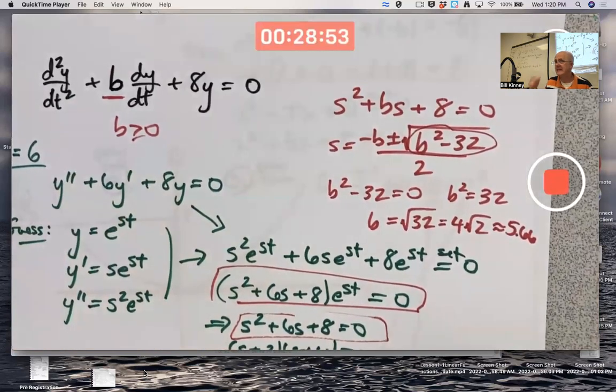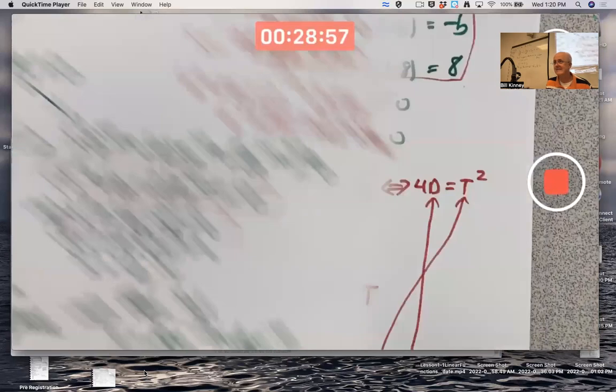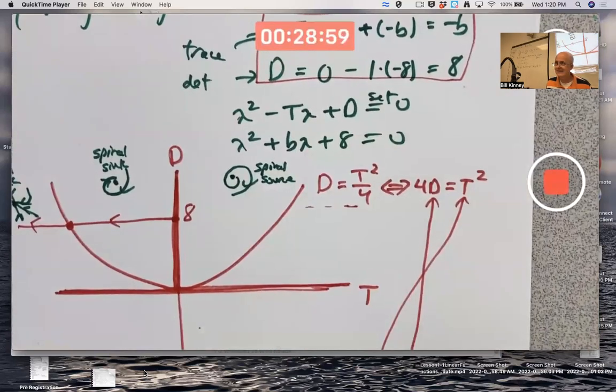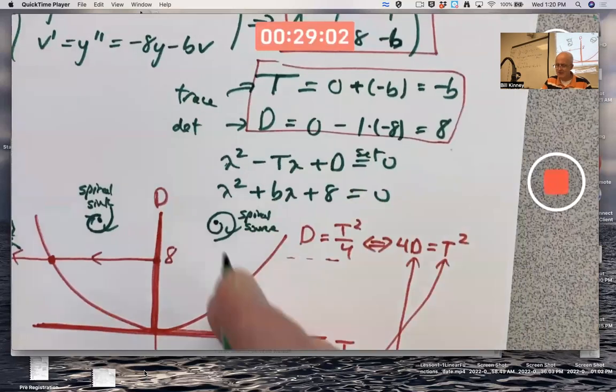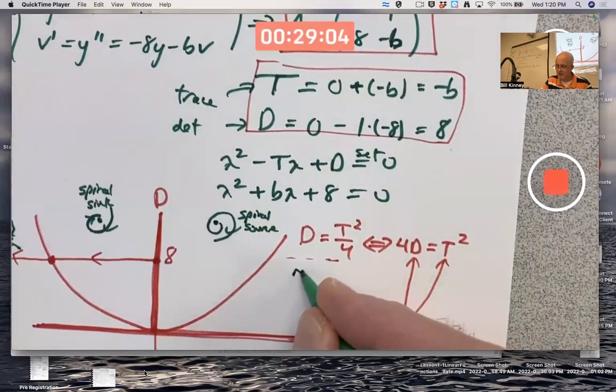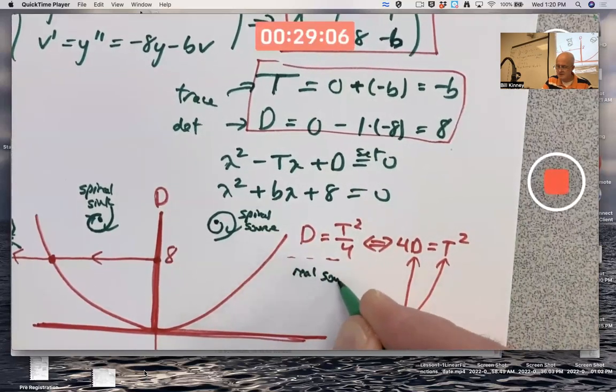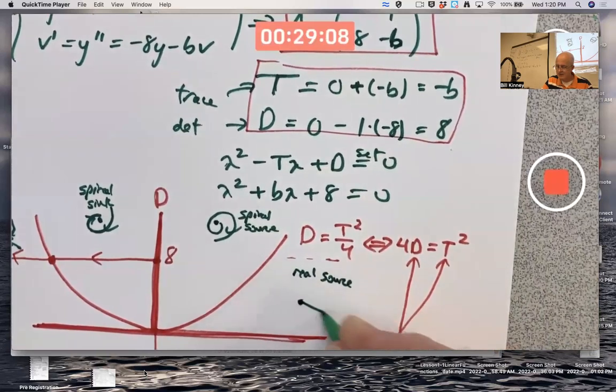I don't know, just guessing. Spiral source. When you're over here, it's a real source. Two straight line solutions, and solutions move away. Maybe something like that.